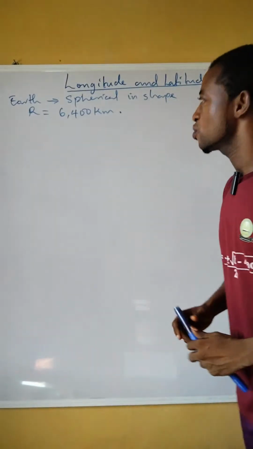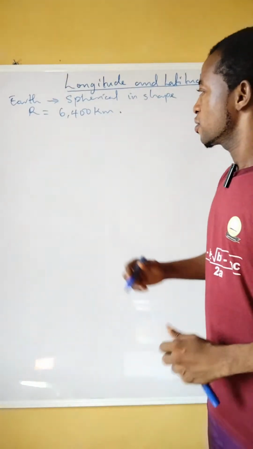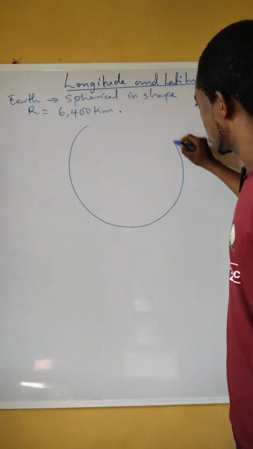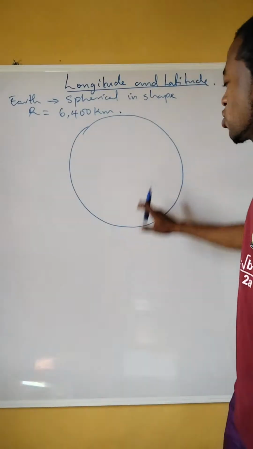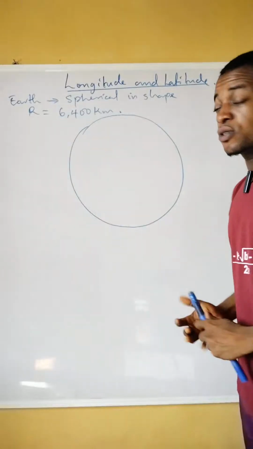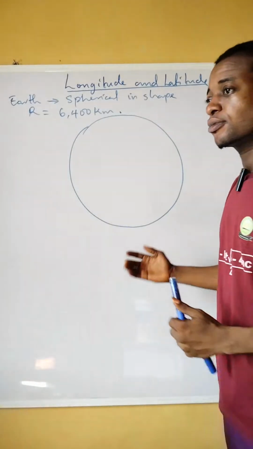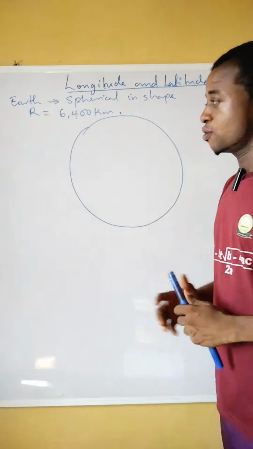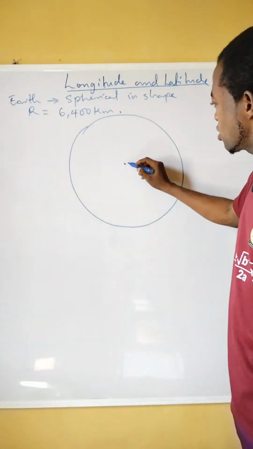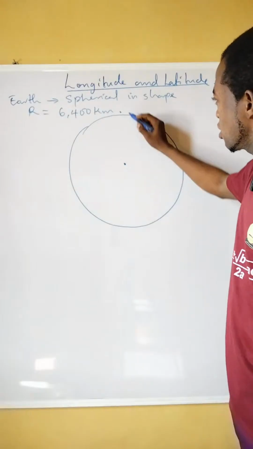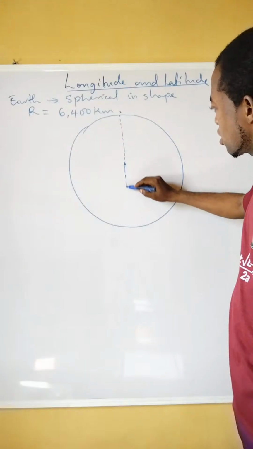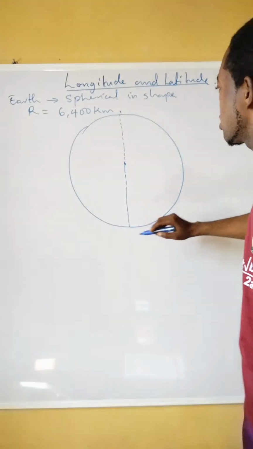Here we also discovered that on the surface of the Earth we have some very important parts. Whenever we are drawing the surface of the Earth, we just use our free hand, not a compass, because it is not a circle, it's a sphere. We have the center of the Earth, and a line passing through the center is called the polar axis.